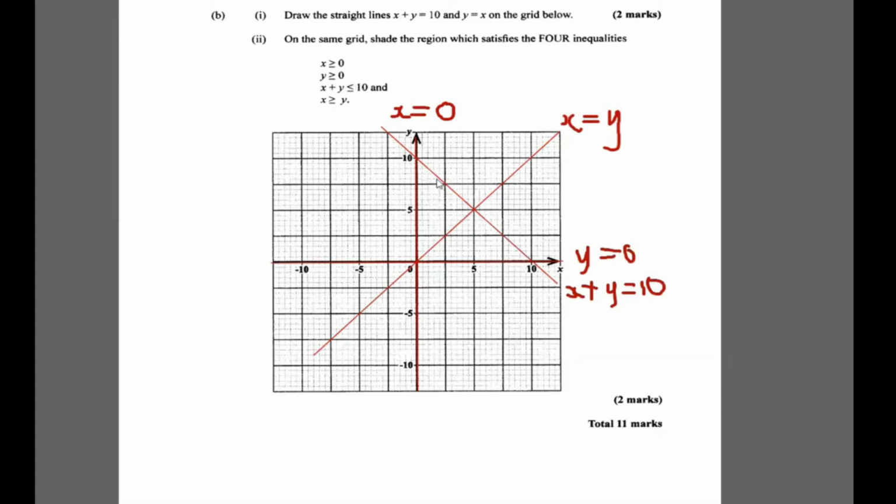But then they want the portion when x is greater than y. All right, so I'm going to do it in 2 shadings. In 2 shadings, x plus y less than or equal to 10 is all of this.